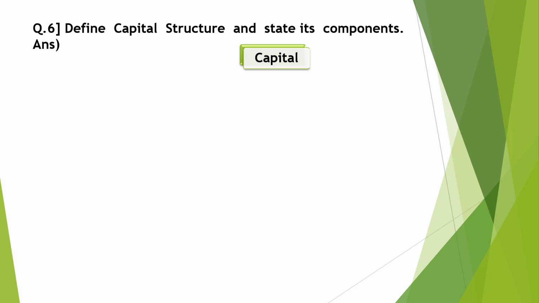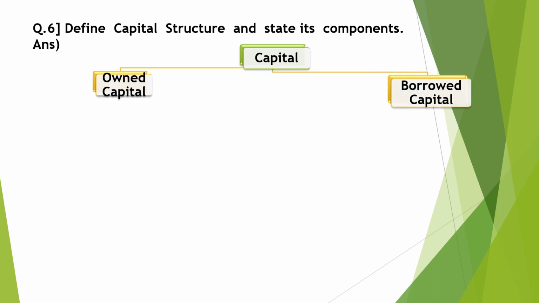As discussed earlier, we very well know that capital has to be raised from various sources, which consist of owned capital and borrowed capital. This means that a corporate house, a large scale joint stock company, has to raise funds not only from the owned capital, but it also requires to borrow capital. It also requires to raise amounts from loans.